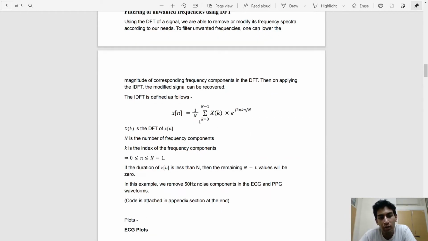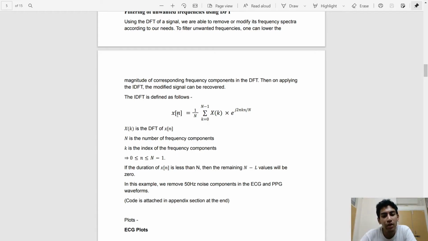Before moving on, I'll specify that the inverse discrete Fourier transform is given by this equation, and capital N here is the number of frequency components. In this summation, we're summing over the number of frequencies that we have and converting it into the time domain again.